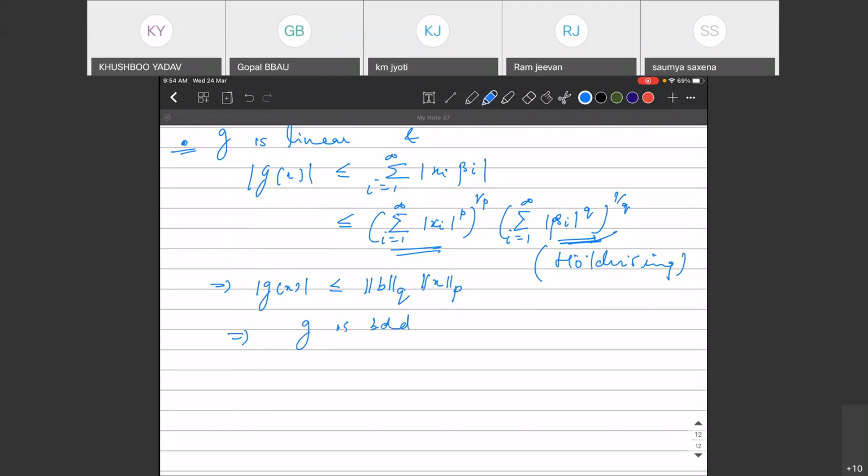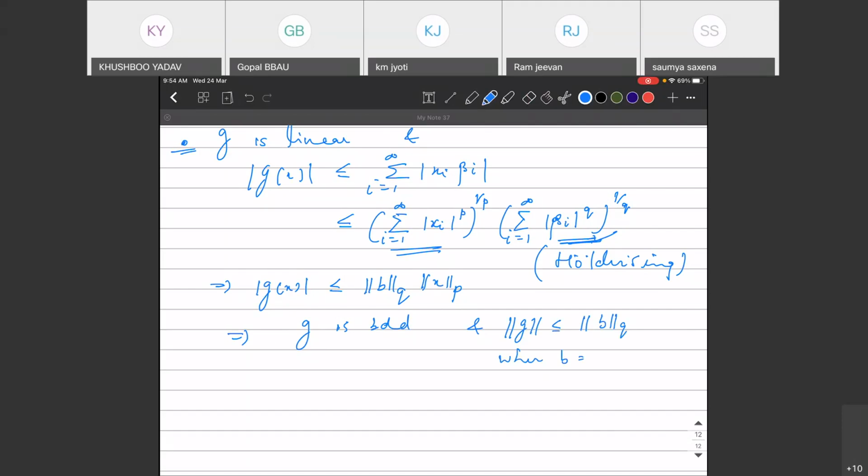G is bounded, and the norm of G is less than or equal to the norm of B, where B is beta 1, beta 2, beta n, and so on.